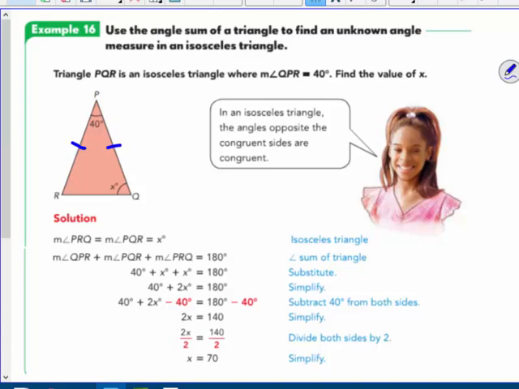The angles opposite them are also congruent. Sides and angles in triangles have very special relationships. In triangle PQR, this is an isosceles triangle where that vertex angle P, QPR, is 40 degrees. Find the value of x.